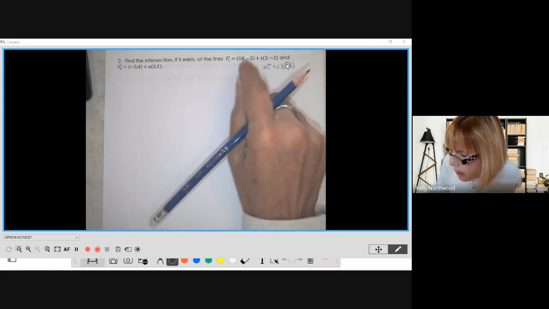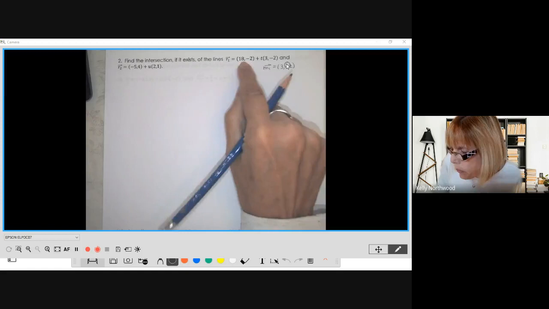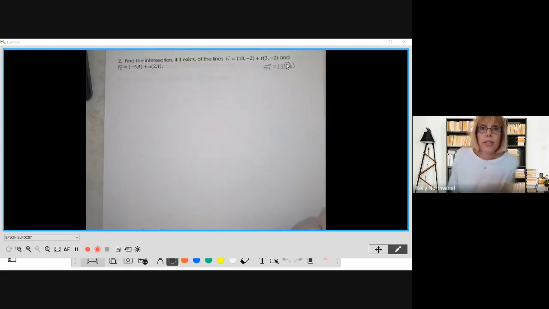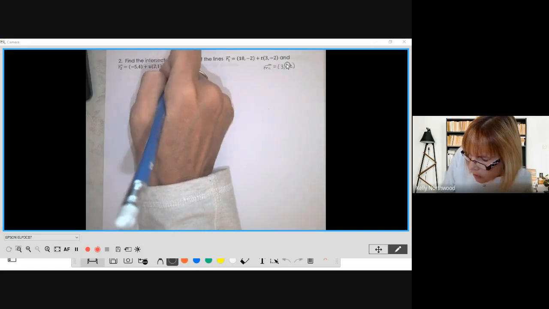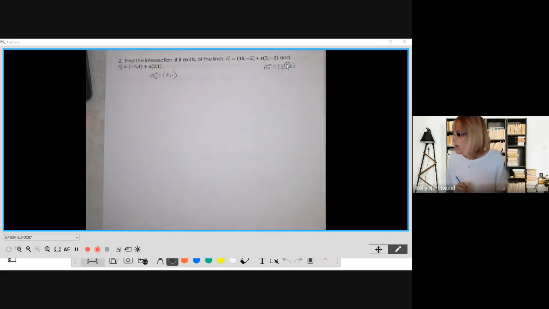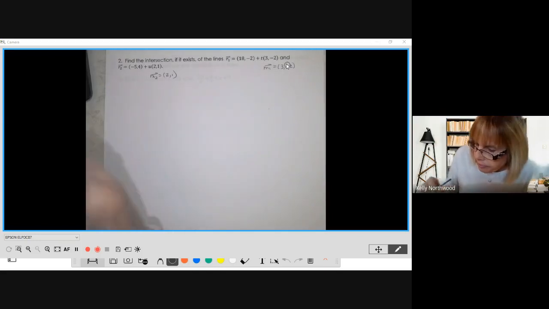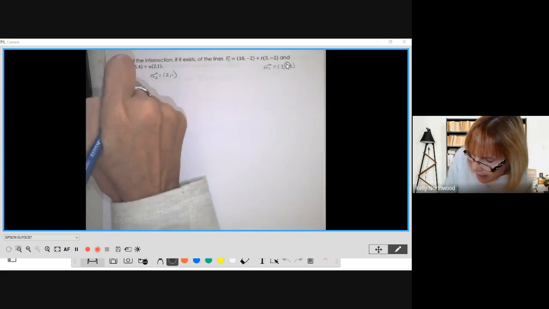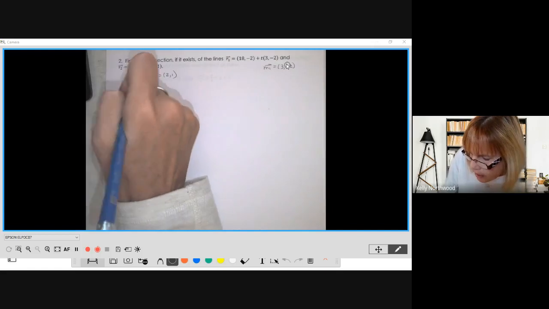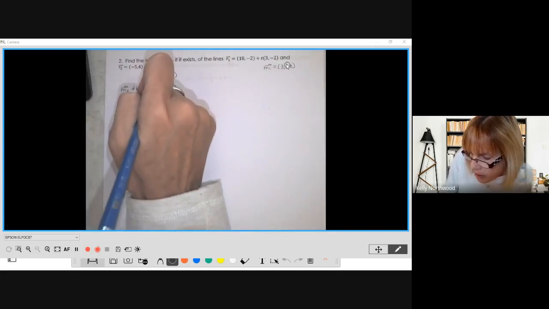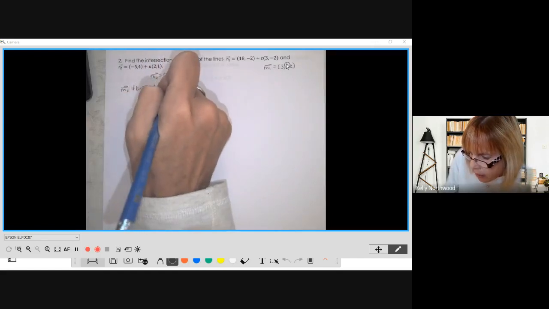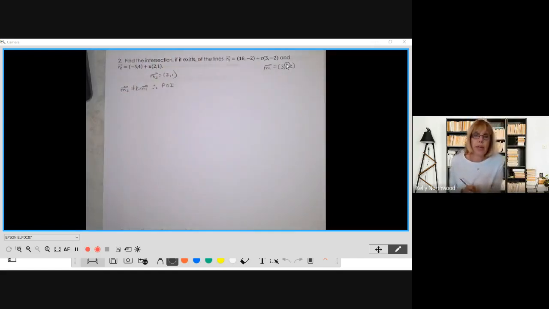And remember, we're in 2 space here because we've only got 2 components in each of our vectors. m2 is (2, 1). We can see that they're not scalar multiples. So we'd say m2 does not equal k m1. And that means in 2 space, we automatically have a point of intersection that we can solve for.